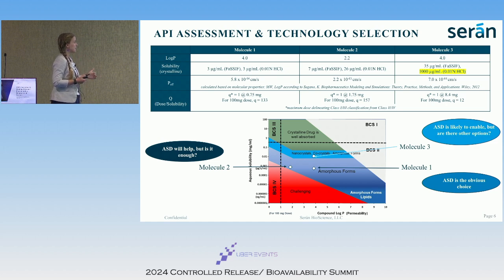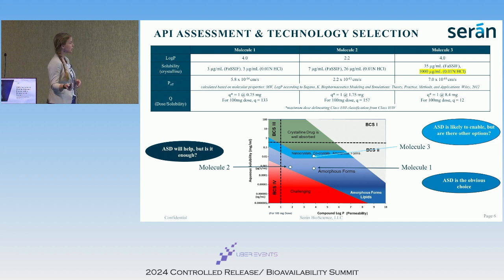So an amorphous form is most likely going to help here, but you may not need one. Something like particle size reduction, maybe a salt form, or just clever formulation of a drug product in which you're leveraging precipitation inhibitors and acidulants, can really help boost you into that space where you may not need an amorphous dispersion.